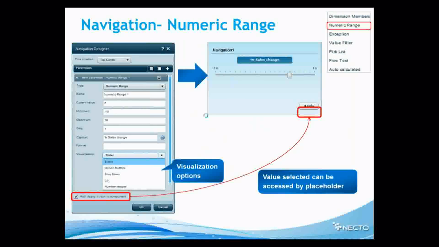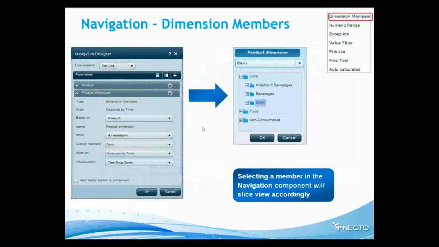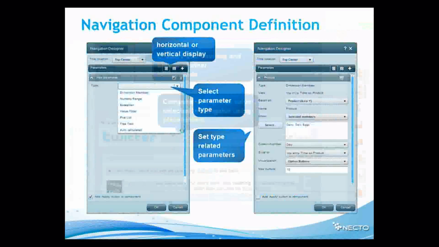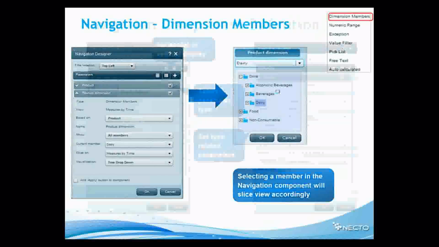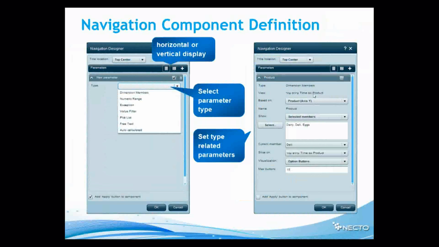You know what? Let's just speak a bit on these slides, because these slides are important. These slides are actually saying what we have here. So we are having dimension members. I can select one of my dimension members or a couple of them, and then I say, okay, the current member, the default member will be daily, for example, if these are a product. I would like to select all of these members. I can select several members or all of the members.